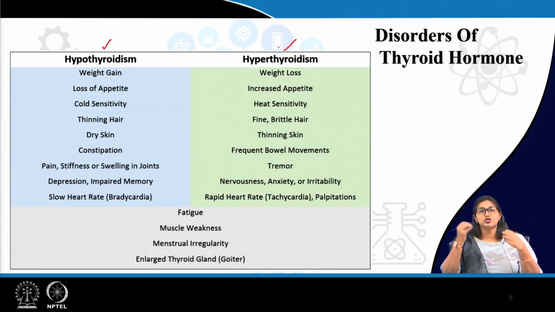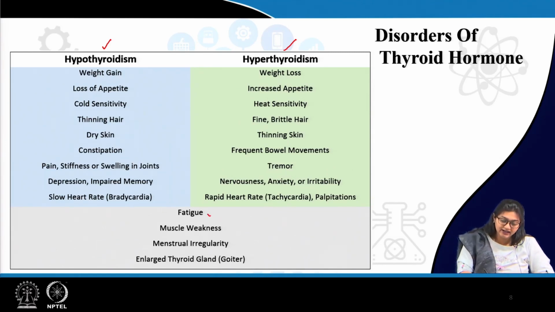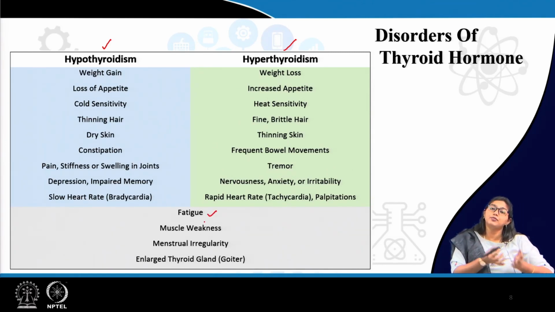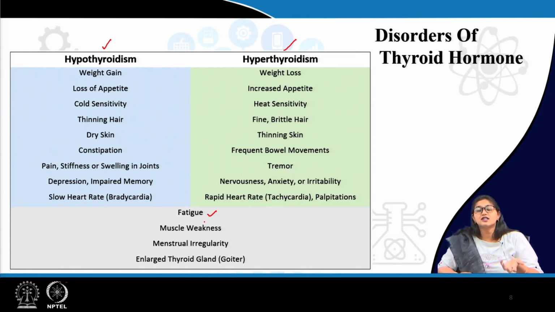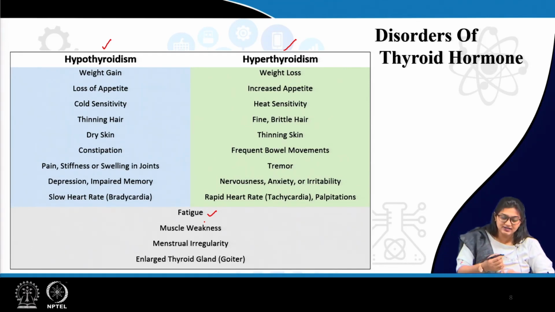Now, the manifestations of hypo and hyperthyroidism share a few features in common. In hyperthyroidism, there is excess activity or excess energy expenditure, so there is fatigue, as well as in hypothyroidism, where the energy expenditure is very low, available energy is low, and the person is fatigued.